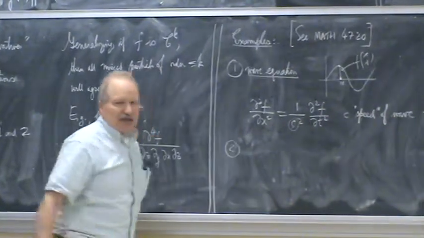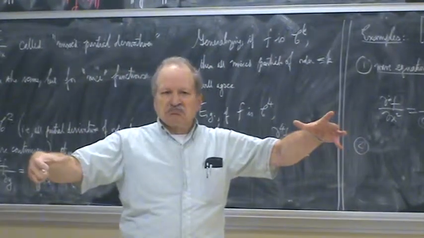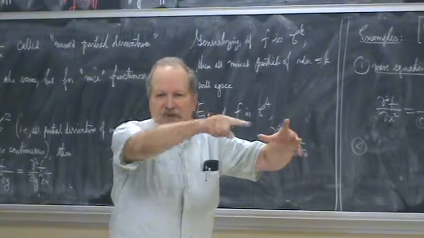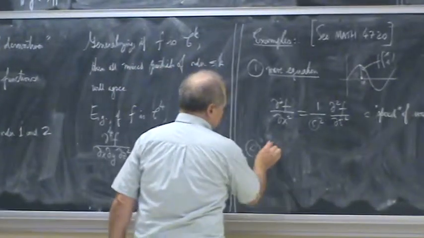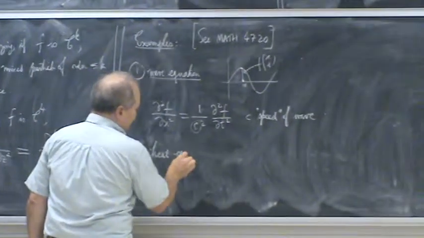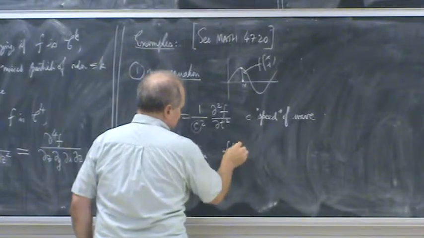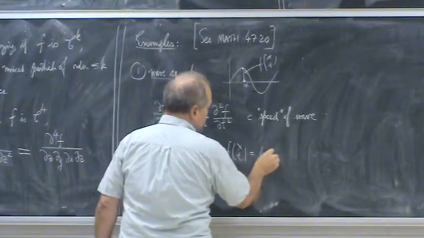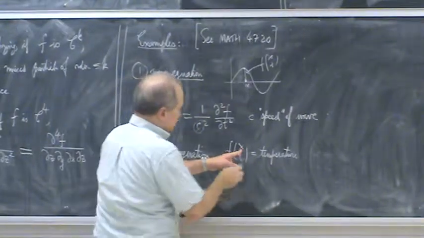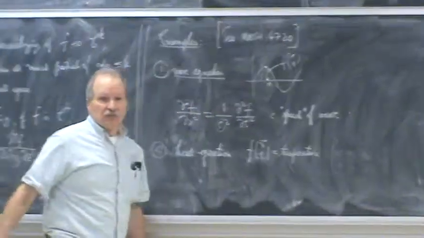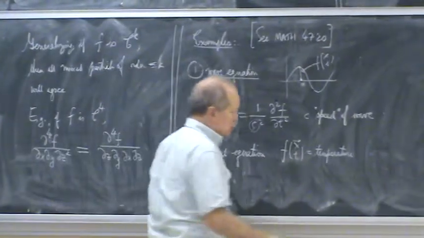If you're interested in heat propagation, if you have a metal plate, and let's say you insulate it on the edge, then you're going to be interested in f of x, t being, say, the temperature as a function of time. Again, this x could, in this case, be a vector, where you're somewhere in the region whose temperature you're interested in studying.